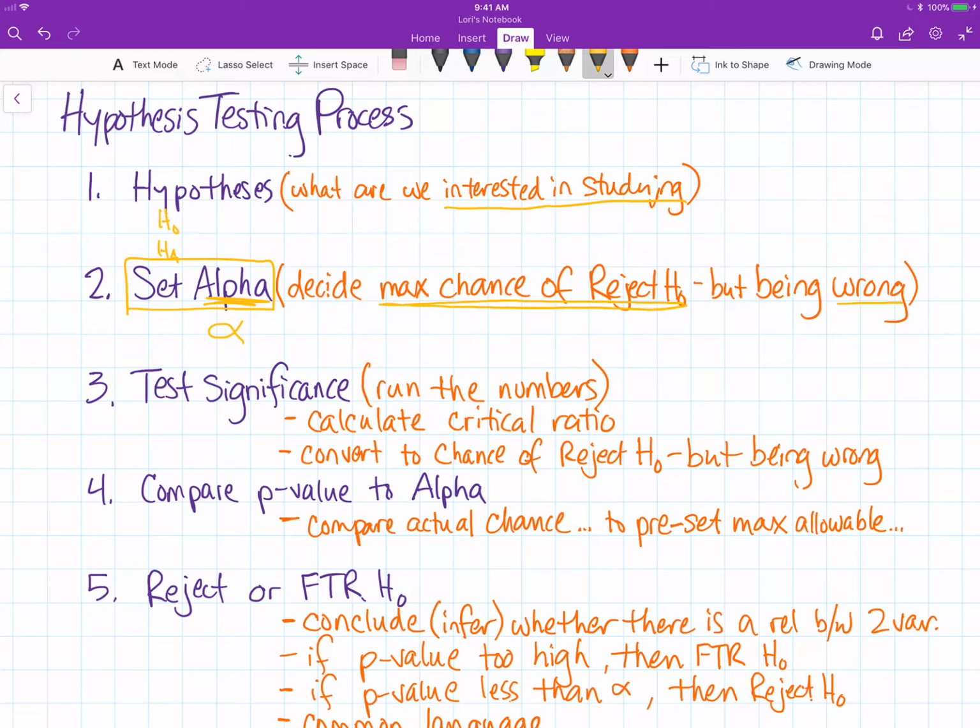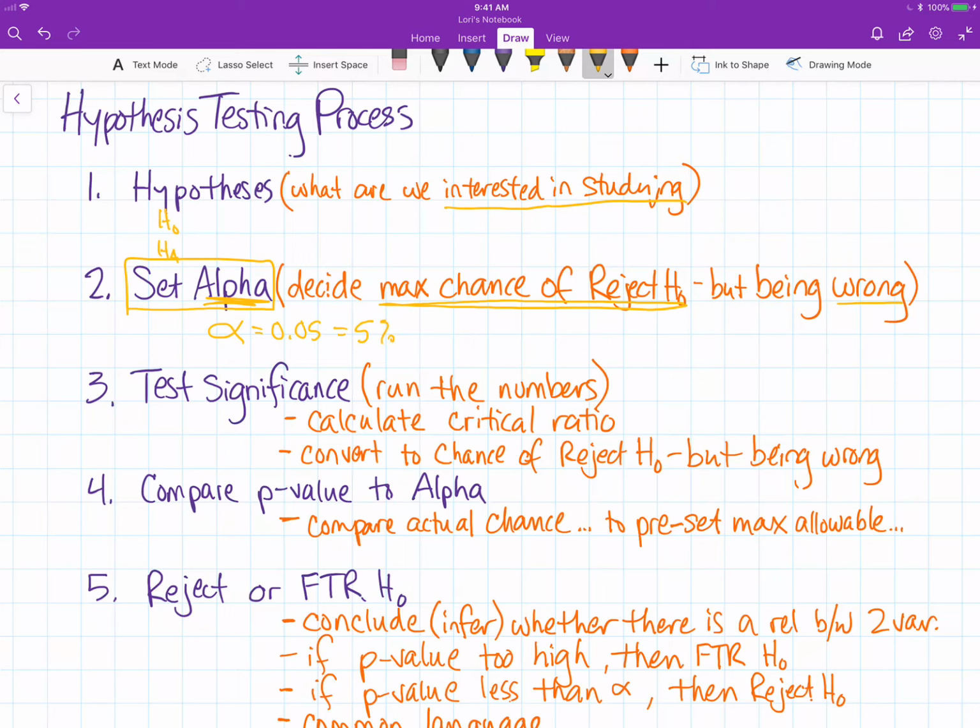So in other words, we set the highest price that we're willing to pay in order to be able to study this relationship. By default, the alpha typically is set at 0.05, which is equivalent of saying 5%.